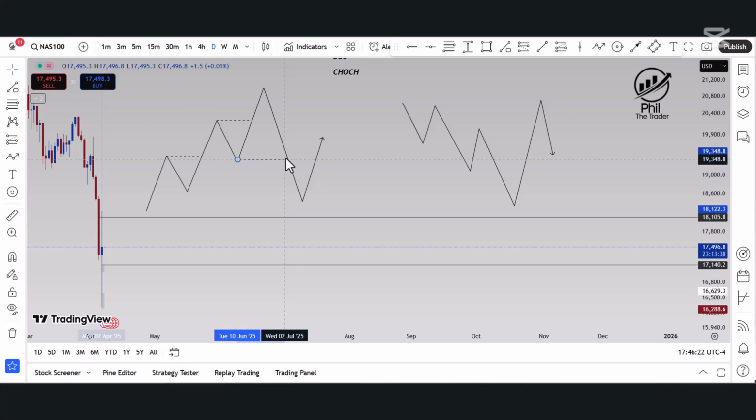A change of character. So this particular area here, breaking at this level, failing to create another higher low, by creating a lower low here, it's what? A change of character.